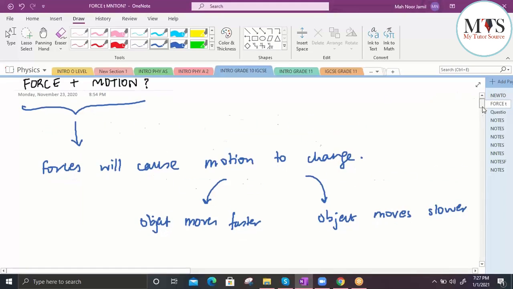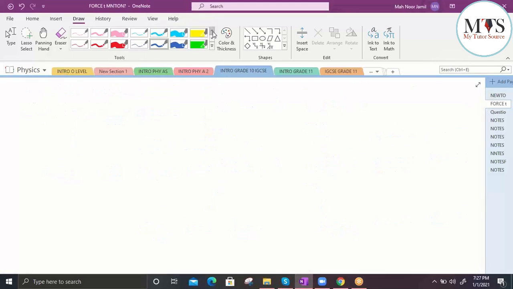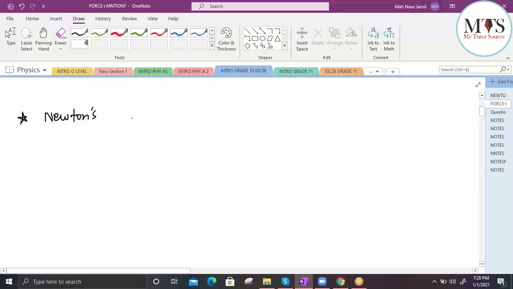A resultant force. So something that kind of sums up this concept of the resultant force and the effect it causes on motion is done precisely using the second law of motion given by Newton. So what Newton's second law says, I'll first write down the statement.